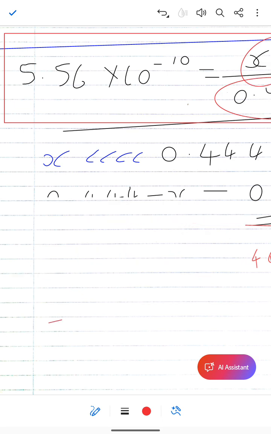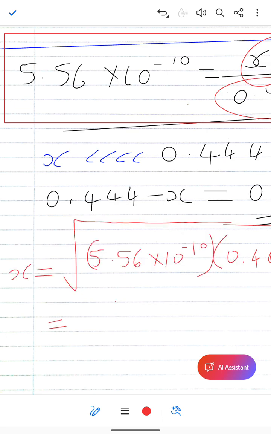And then if you press your calculator very well, you'll find that x is equal to 1.57 times 10 to the power negative 5.